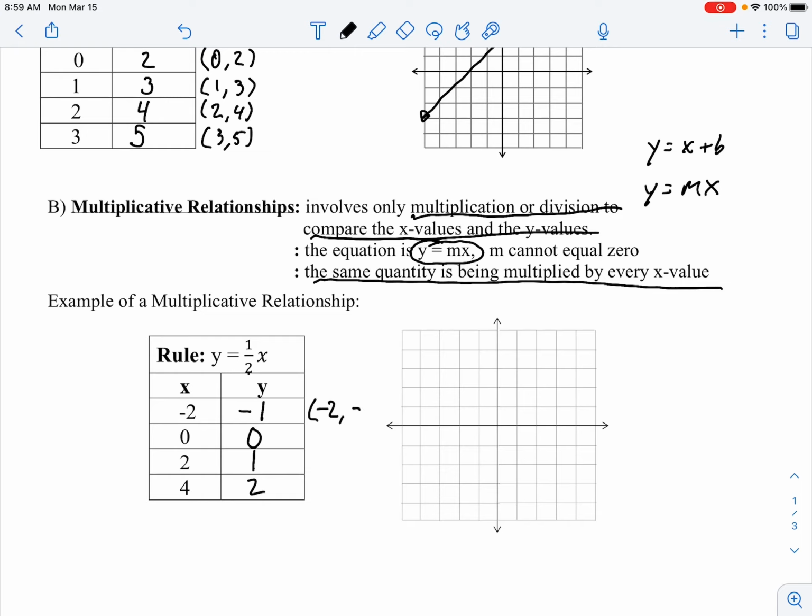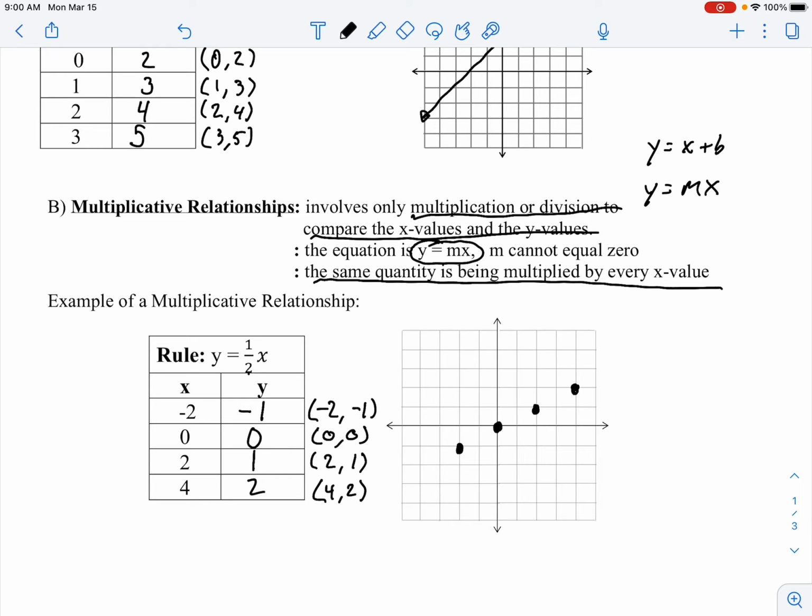And once again, we have sets of points here that are going to live on our coordinate plane. We can graph those to see how this thing is growing. So -2, -1, 0, 0, 2, 1, and 4, 2.